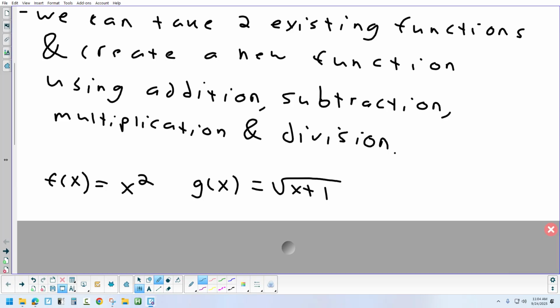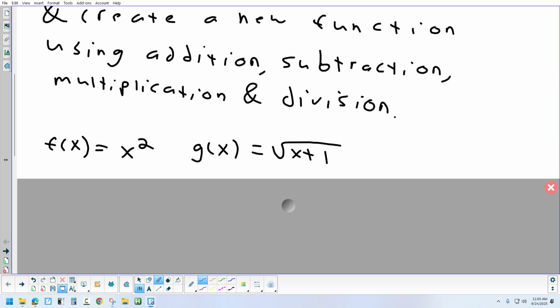Here are the two functions. f of x equals x squared, and g of x equals the square root of x. So I want to take these two functions and combine them in different ways.